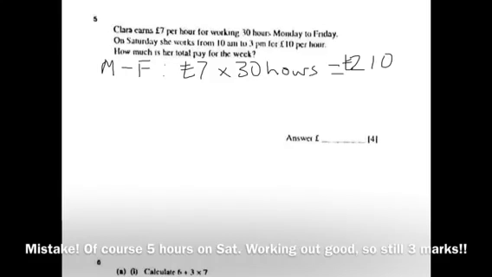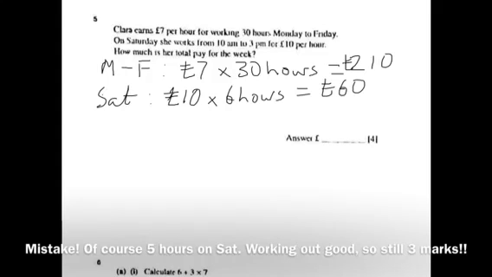On Saturday she works from 10 AM to 3 PM. So Saturday, well, the first thing I've got to work out there, 10 AM to 3 PM, that's 6 hours. Okay, so that's £10 by 6 hours. Okay, so that equals £60 then. Well, how much is her total pay for the week?